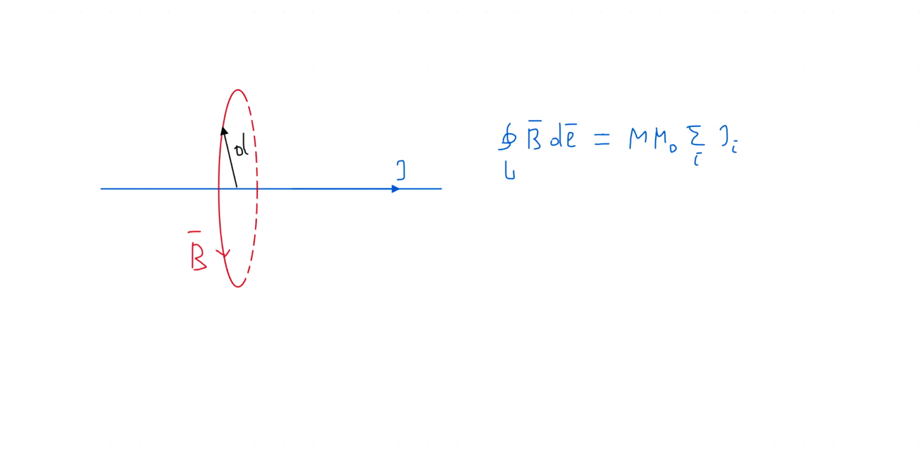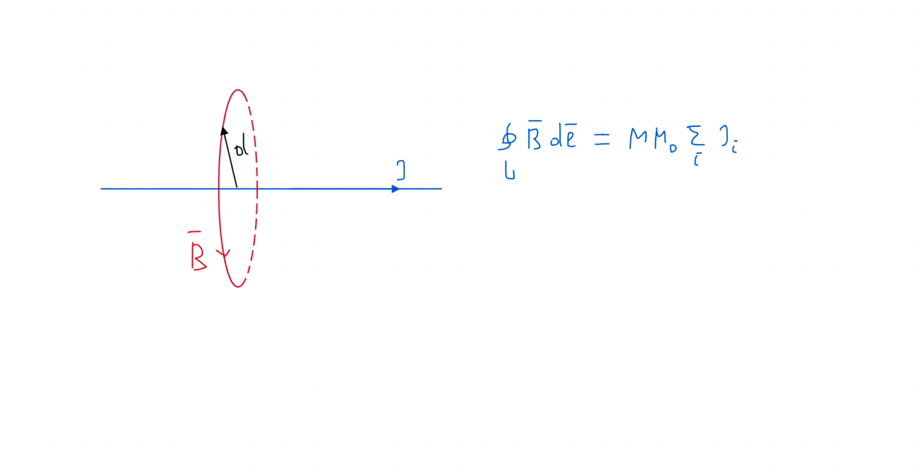Okay, and to do this, it is necessary to choose the best circuit. And there are only two types of exercises for Ampere's circuital law, and this is one of them. For first type, the best circuit will be a circle.